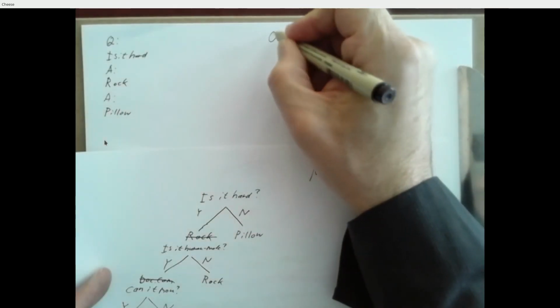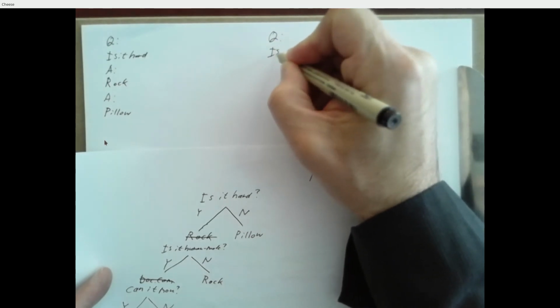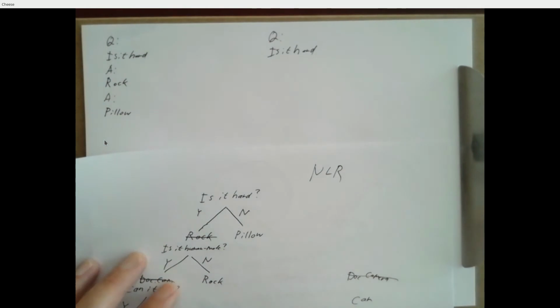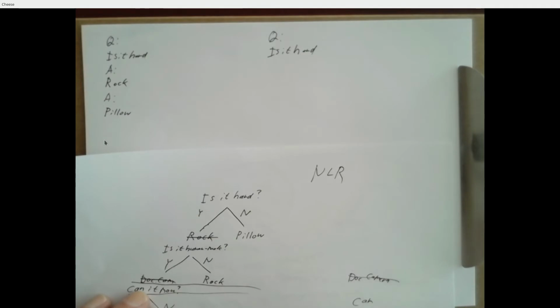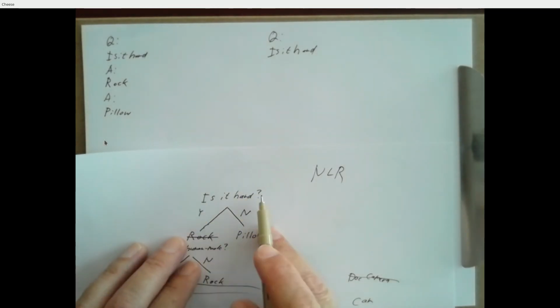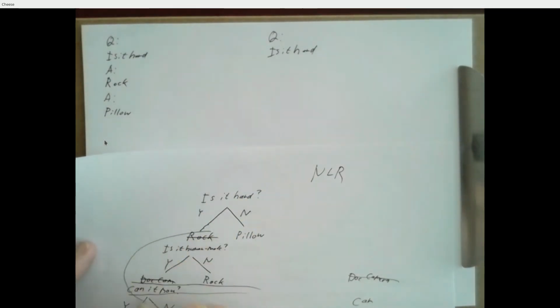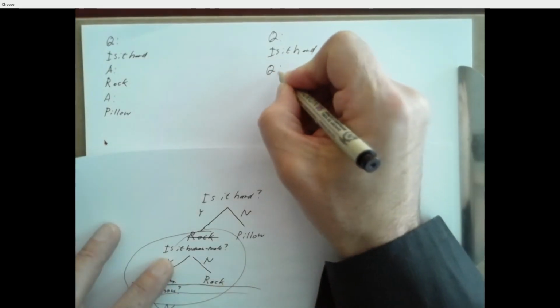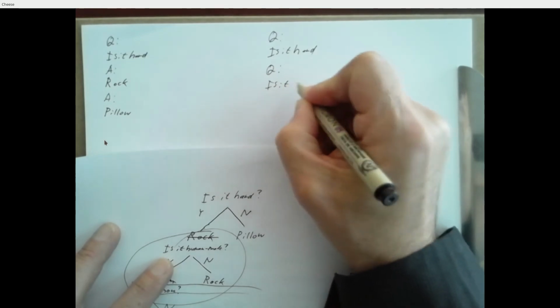We'll get a question, is it hard? And let's just go down to this part where we had a document camera and a rock. So question, is it hard? That's the node. And then we want to traverse the left tree, node left right. So the node of this tree is another question, which says, is it human made?